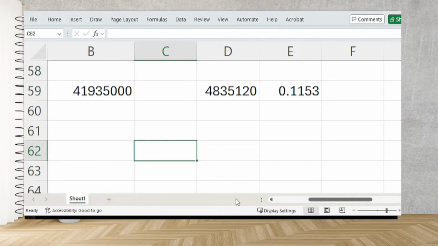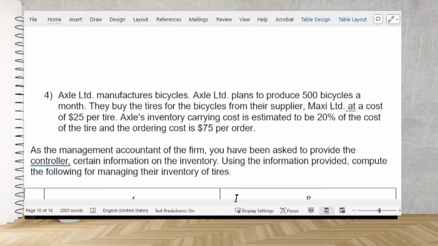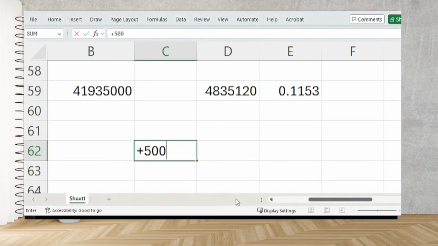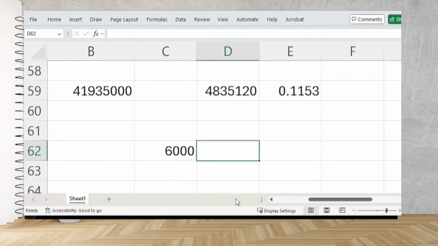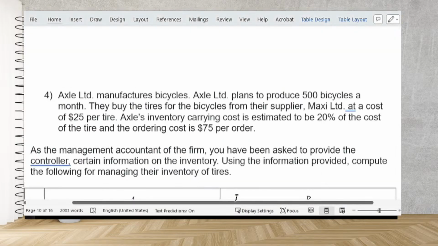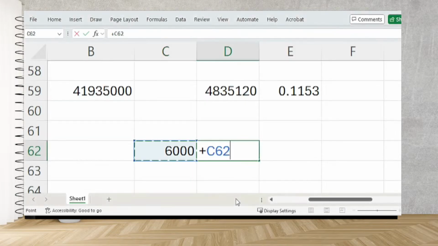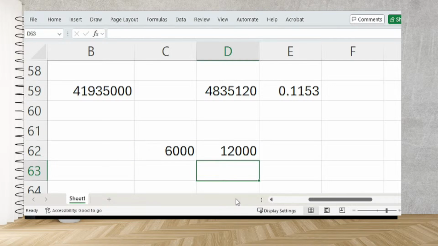First, you took 500 bicycles. 500 bicycles multiplied by 12, because it is bicycles in a month, so for 12 months it is 6,000, and then multiplied by 2. So this is your annual demand. Yes, sir. Okay.